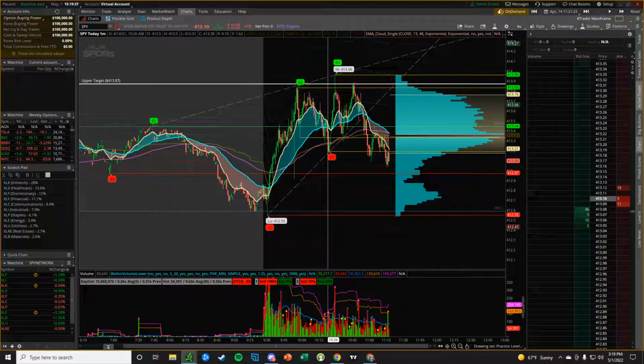All right, so our second play wasn't super awesome. So let's go ahead and tally these up. We're going to say we were playing with 3 contracts because that is our norm. For our first contract, we made 13 cents.